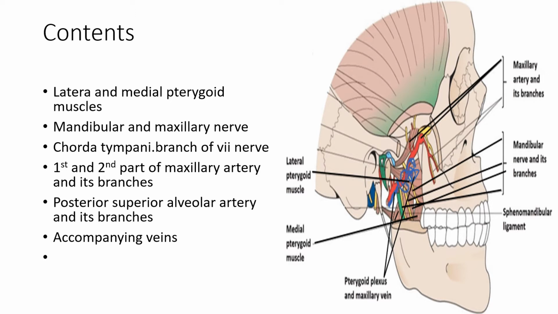The posterior superior alveolar artery is also included in it. Posterior superior alveolar artery is basically a branch of the maxillary artery. And all the arteries have some veins along with them, so these veins are also included in the contents of the infratemporal fossa.